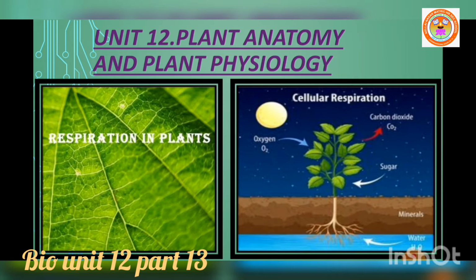Respiration involves exchange of gases between the organism and the external environment. The plants obtain oxygen from their environment and release carbon dioxide and water vapor. This exchange of gases is known as external respiration.